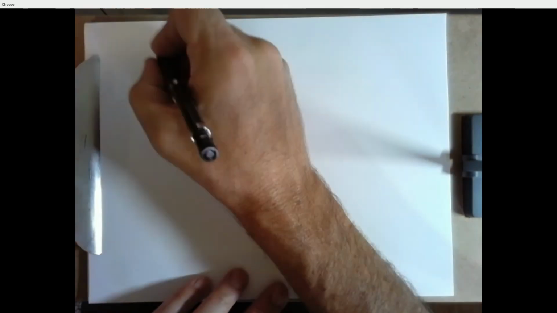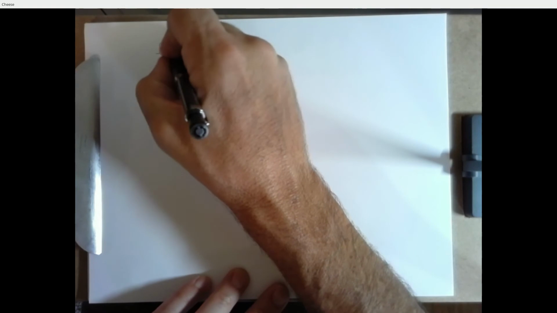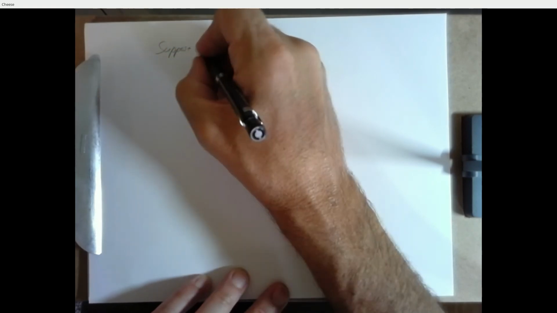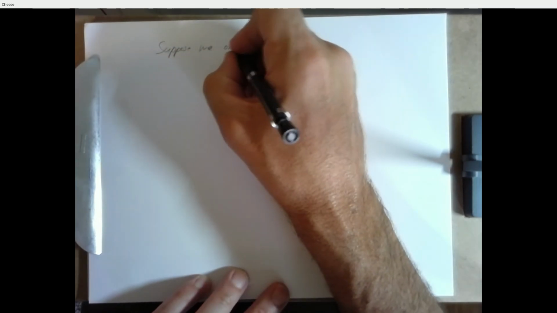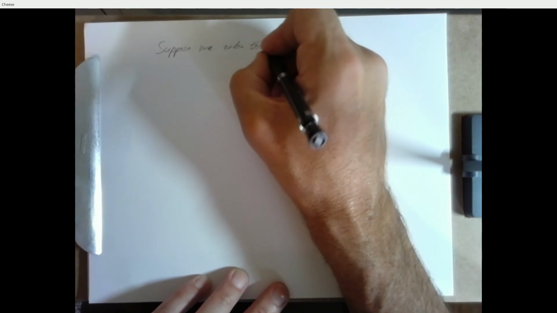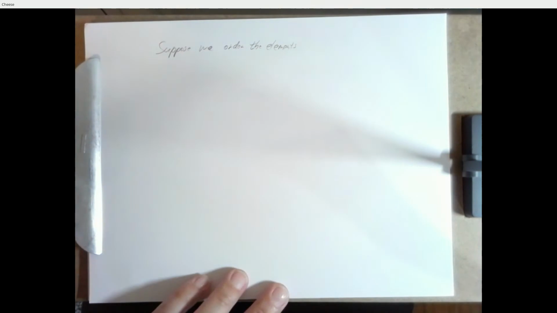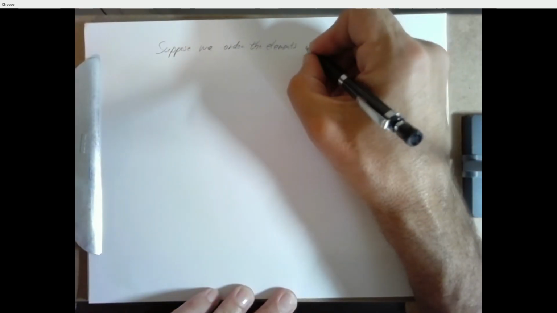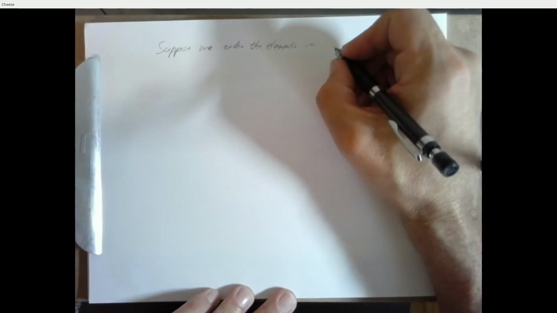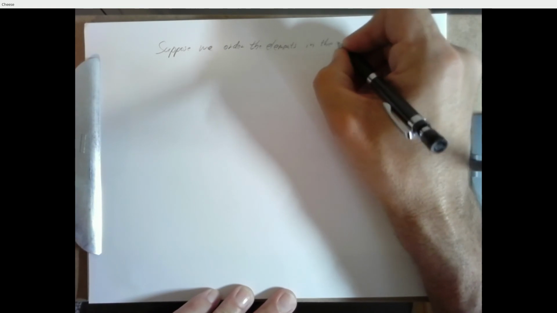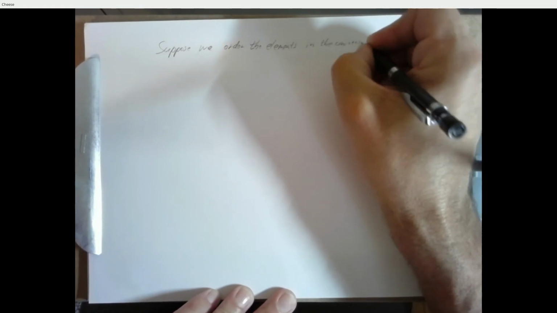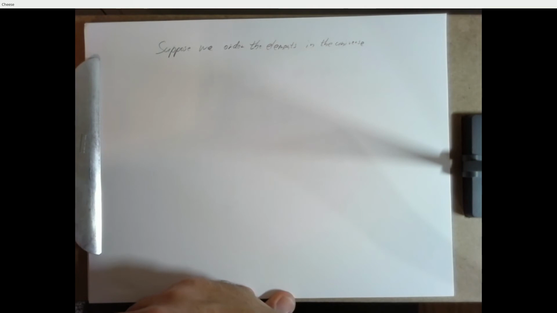So suppose that, just for the sake of doing this, we order the elements in the universe. We're going to talk about finite sets here.